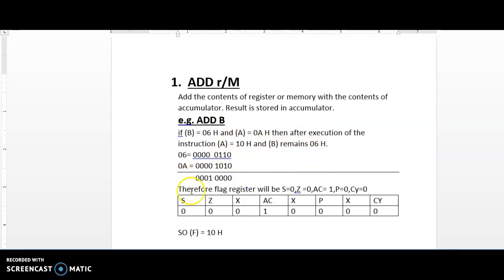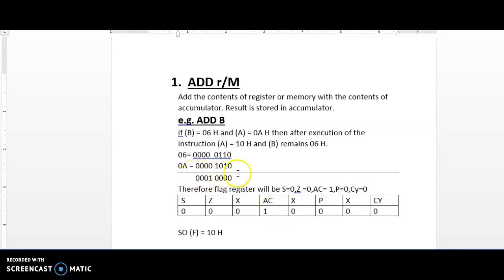Now because of this answer, we had already seen the flag register has 5 flags. So these 5 flags will be affected in the following way. The MSB of the answer is 0, so the sign flag is 0. The answer is non-zero, so the zero flag is 0. There is a carry from this place to this place when you add these numbers, so the auxiliary carry bit of the flag register is 1.